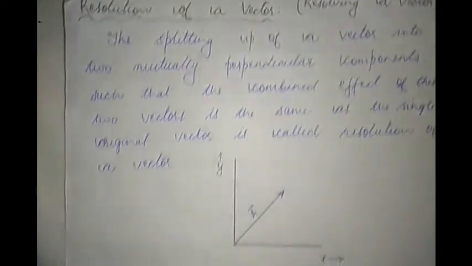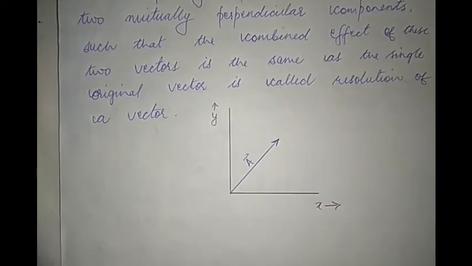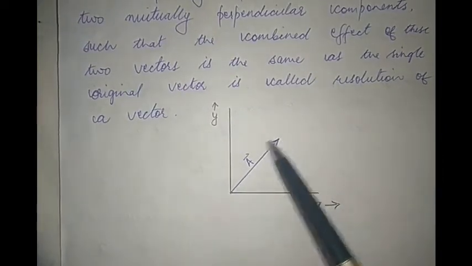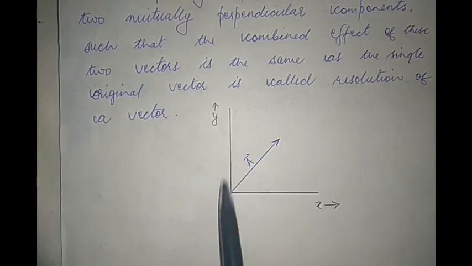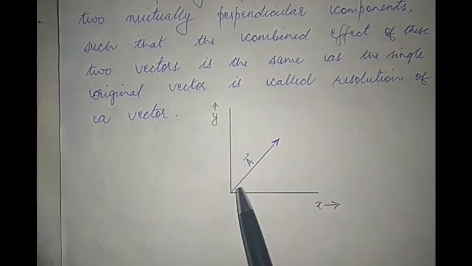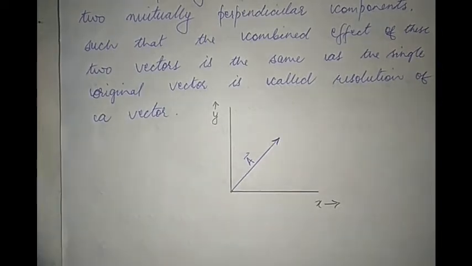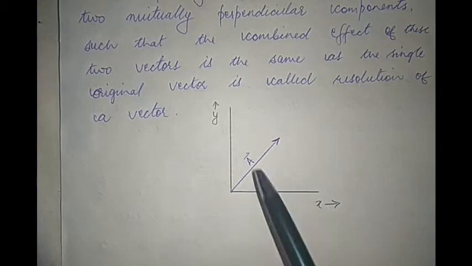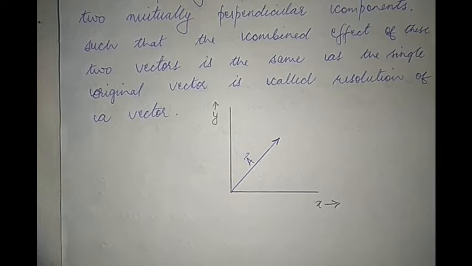Now what the statement is saying is, we have a given vector A. This is the x-axis, say for example, and this is the y-axis. This vector A can be split up into two mutually perpendicular components. In fact, this vector can be split up into any desired number of components.